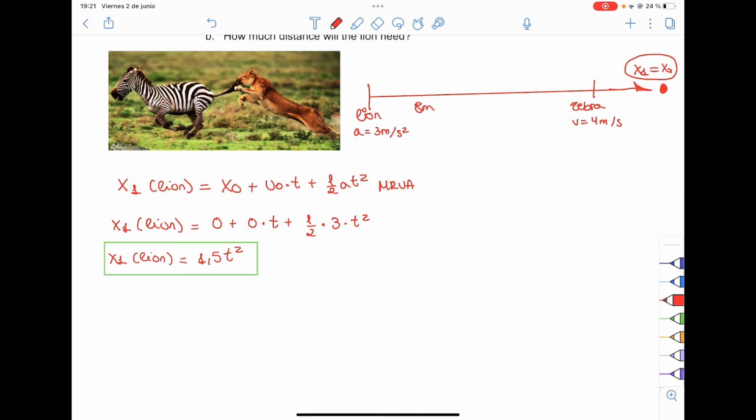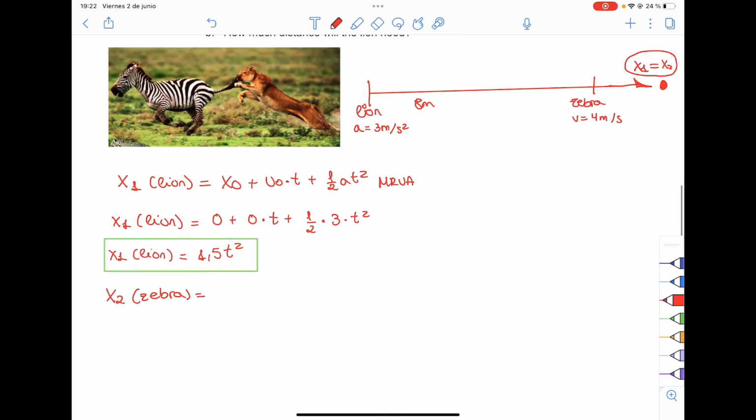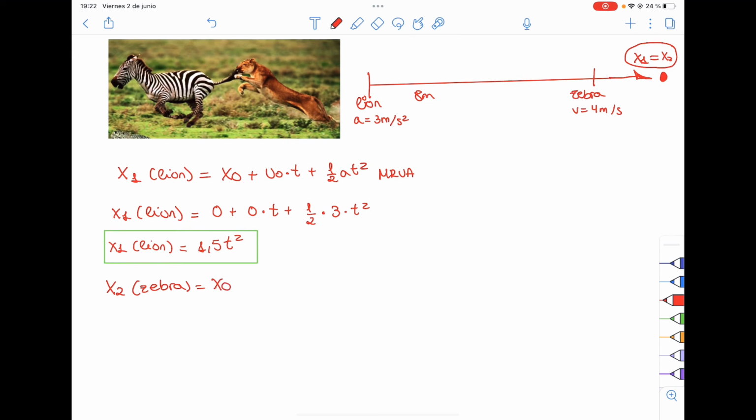Okay, let's do now the same formula but for the zebra. So in the case of the zebra, I cannot use this formula because this is the one that I'm going to use if there's acceleration. In this case, there's no acceleration, so I'm going to use the formula that says initial position plus initial velocity times time. This is the formula of the MRU without acceleration.